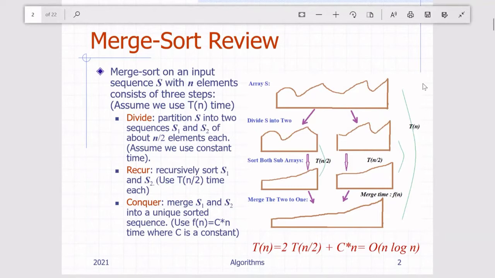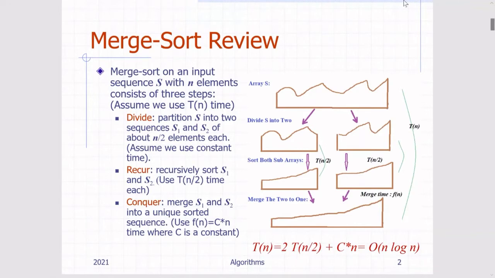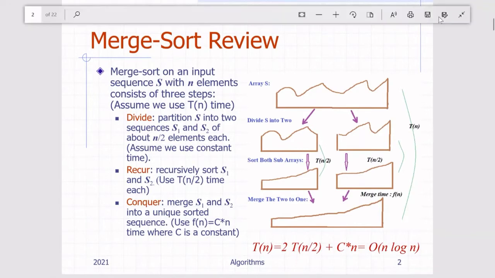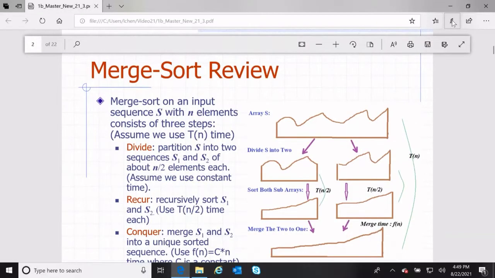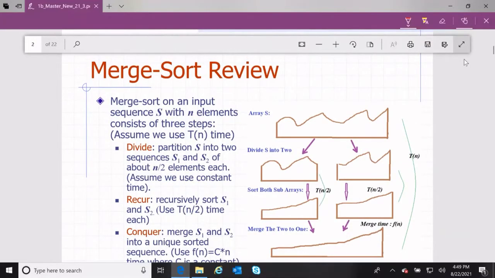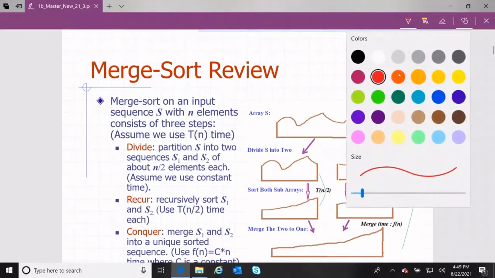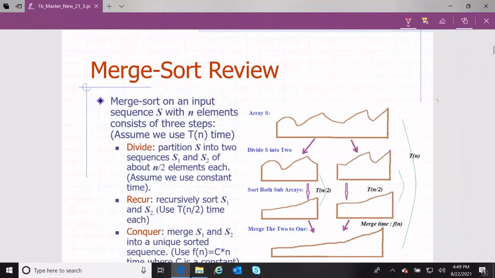Let's say that we have an original array S. Let me get to the pen, choose a color.